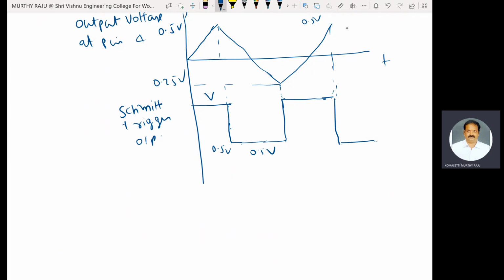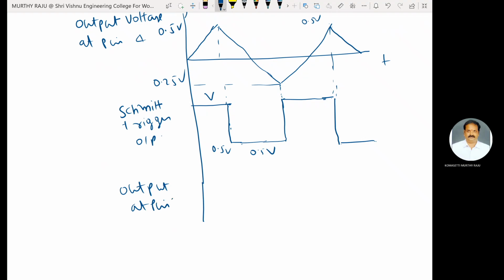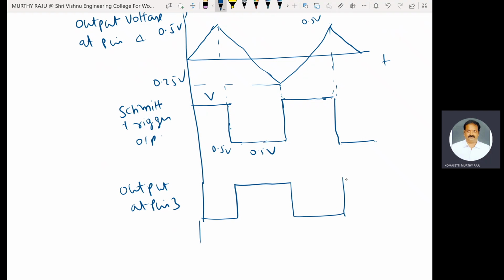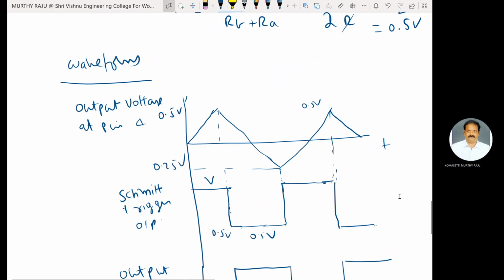At that instant, the capacitor discharges like that. The output at pin 3 is inverted. A square wave is generated at pin 3. A triangular wave is generated at pin 4, like that.